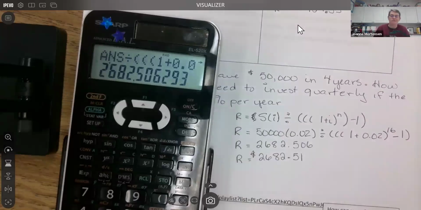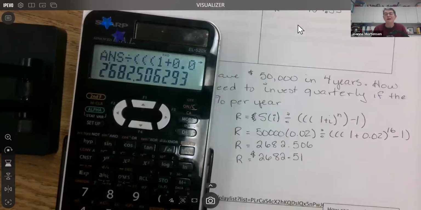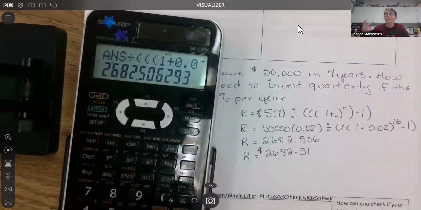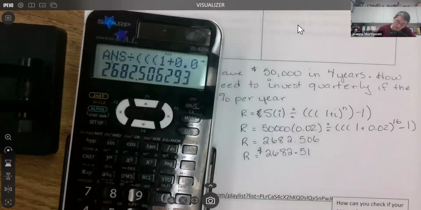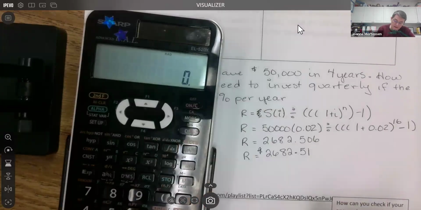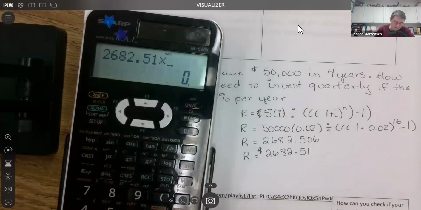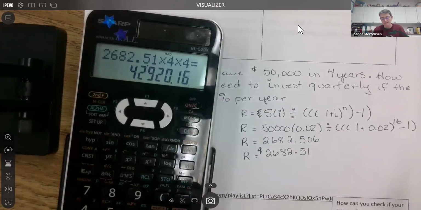Okay, so I don't have an answer key. I made this up live for you. So what I'm thinking here is this is how much he put in his account. So 2682.51 times, and he did that 4 times a year, and he did that for 4 years.